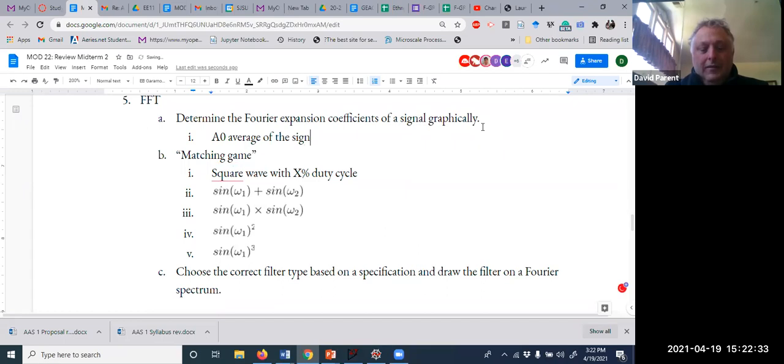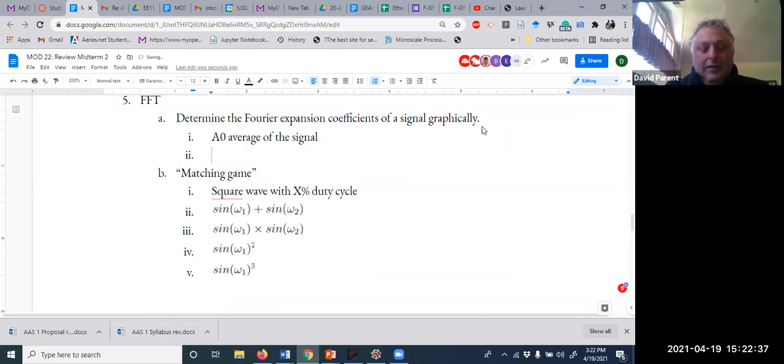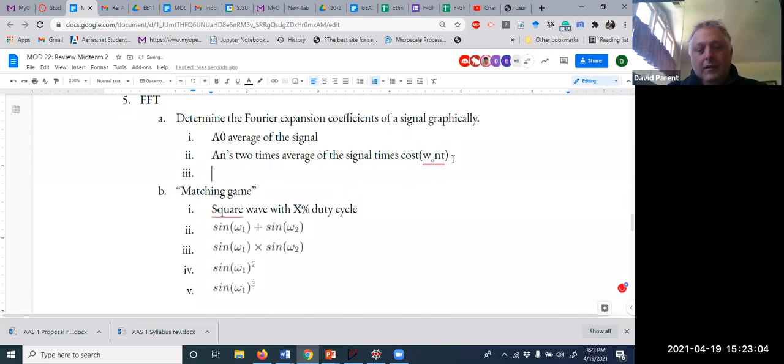The ANs are 2 times the average of the signal times cosine n omega naught t, and the BNs are the same with sine.